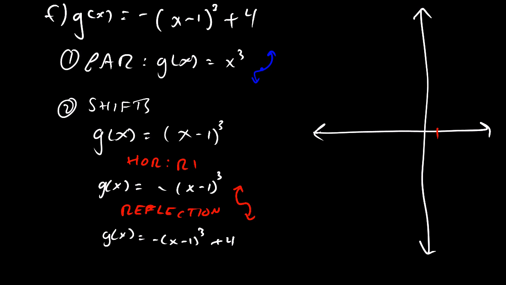Nice. What is our plus 4? It's a vertical, and we're going up 4. So 1, 2, 3, 4. So our new middle point's right there. And we have a reflection, so we're coming down from the top. So coming down from the top, and we're doing something like that. That's a beautiful graph. Any parent graph should be proud of that as well.